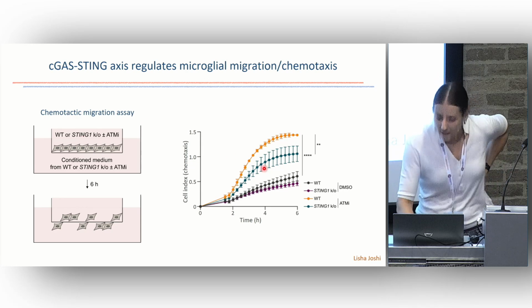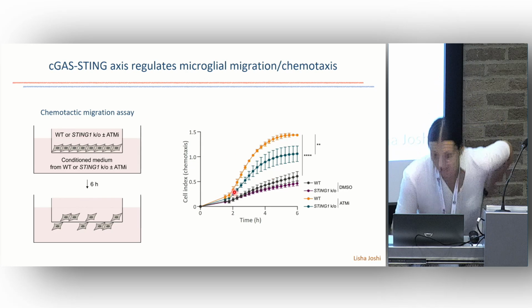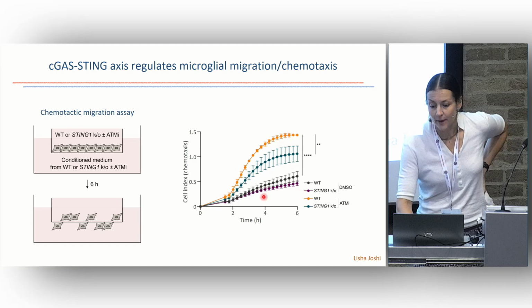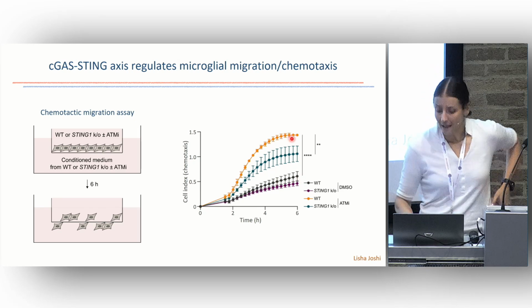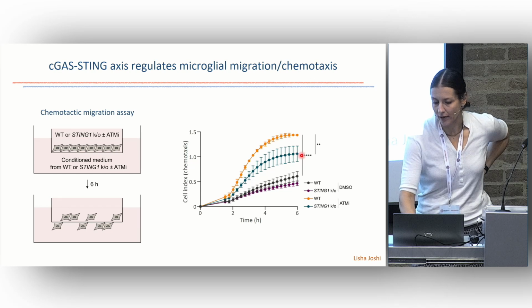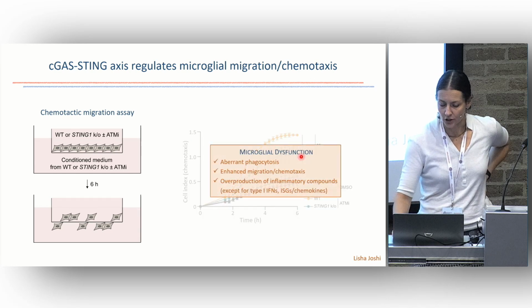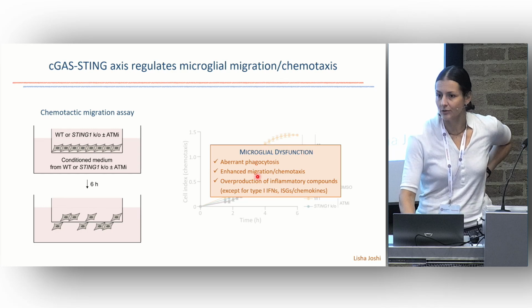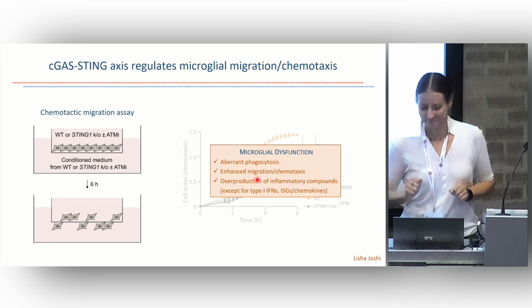And what we see is that ATM-deficient cells, let me find them, here we go, this orange curve compared to the gray curve, chemotax quite a lot more, and this is partially prevented by knockout of STING.